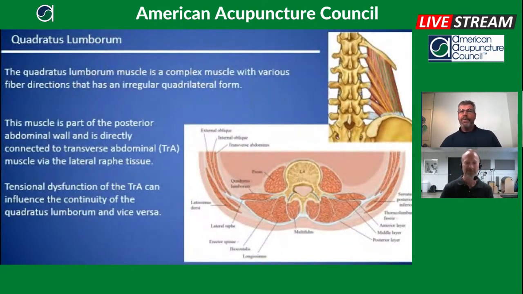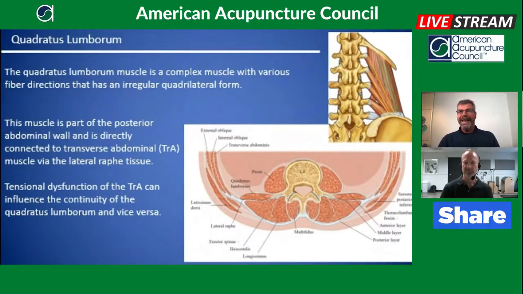All right, so the Quadratus Lumborum is a complex muscle with various fiber directions. What's so interesting about this muscle is that it's not just one pancake of a muscle that's going to elevate the ilium or lower the 12th rib, which is the way that I was taught in the early to late 1980s, as an elevator of the ilium, which we really don't see very much anymore.